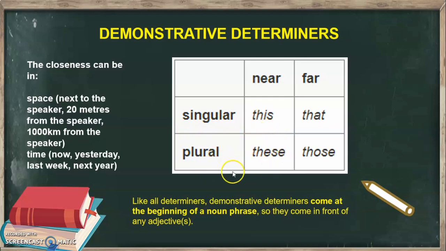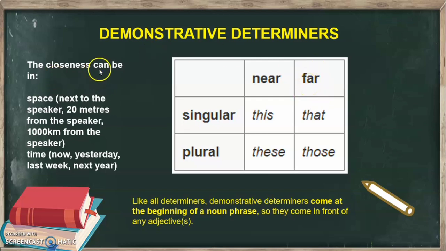These is the plural form. We use this and these if something we are pointing at is nearby, close to you. That is the singular form, and those is the plural form if we want to talk about something that is far away or at a distant place.